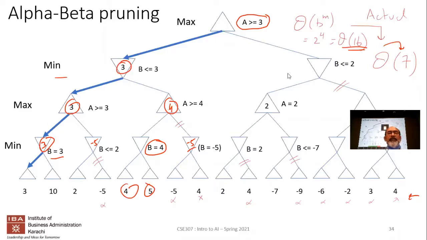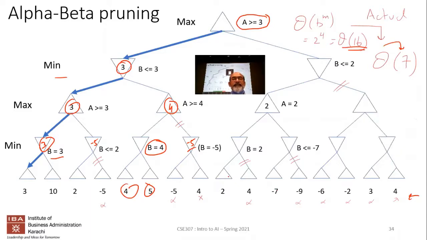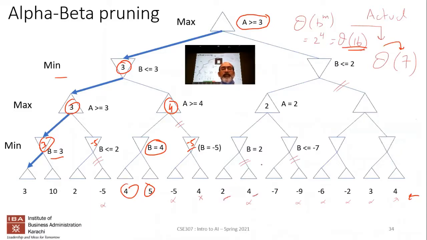Let's do the rest of it. Between these two, it's going to select 2, the minimum value. This is going to select -7 over here. This is going to select -6 over here. This is going to select 3 over here. Between these two values, it's going to select the larger value, 2 over here. -9, sorry, so yeah, you're right.